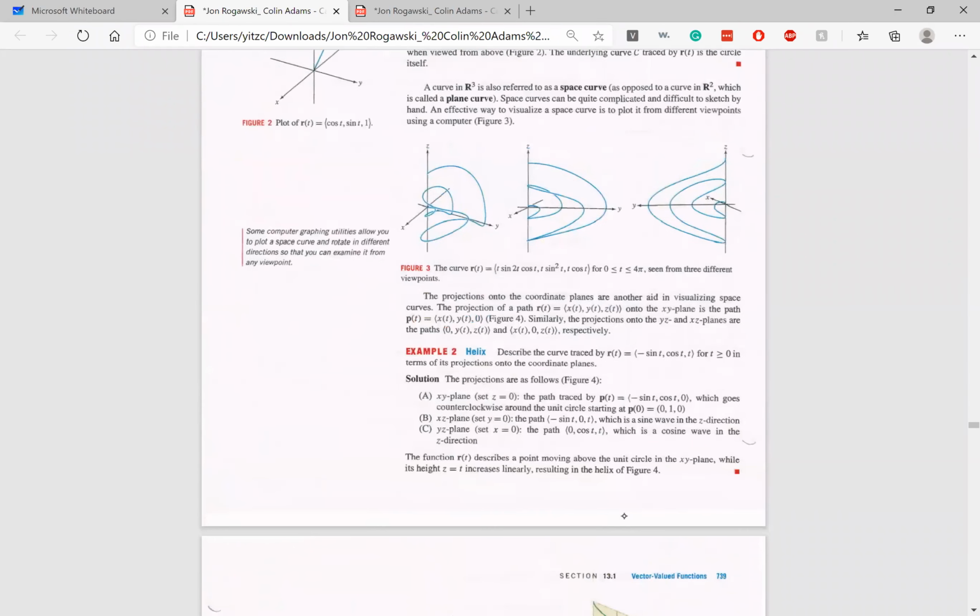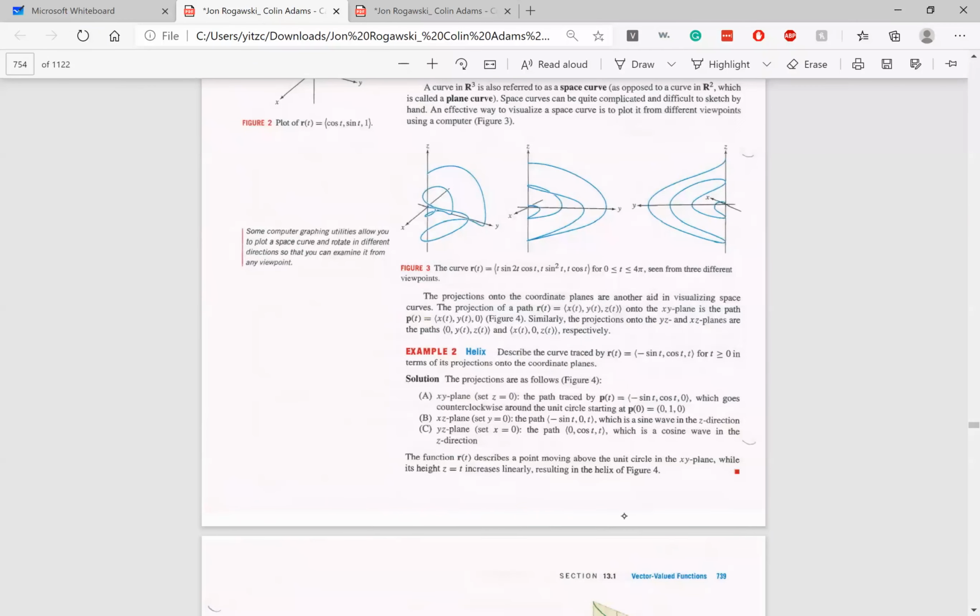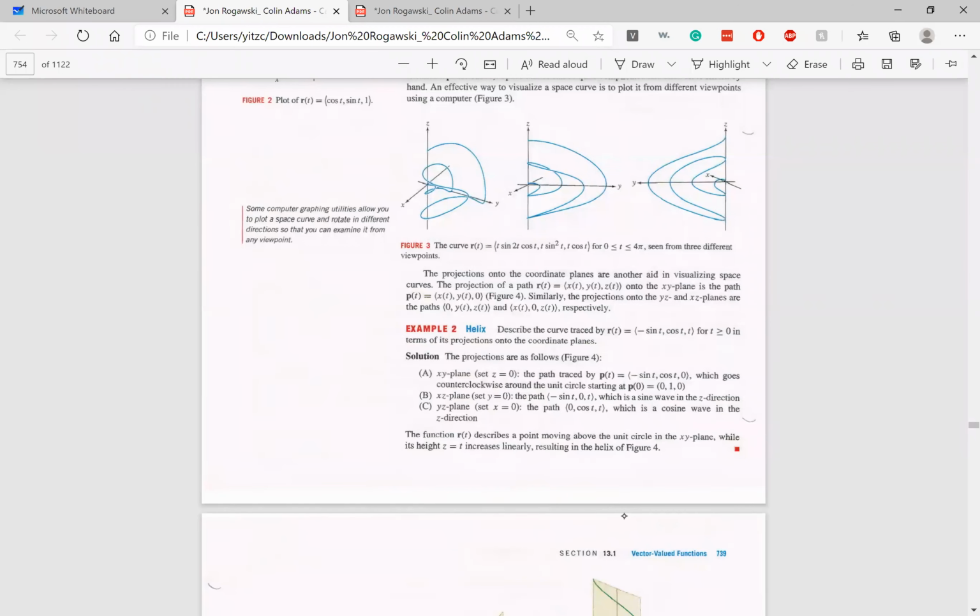Fine. So now the next one is: describe the curve traced by r of t equal to negative sine of t, cosine of t, and t in terms of its projections onto the coordinate planes. So they want you to figure this out, but they're telling you a good way to figure this out is by looking at the projections.